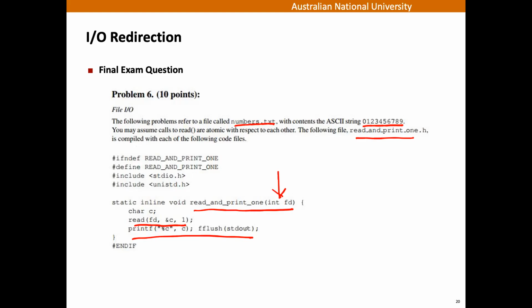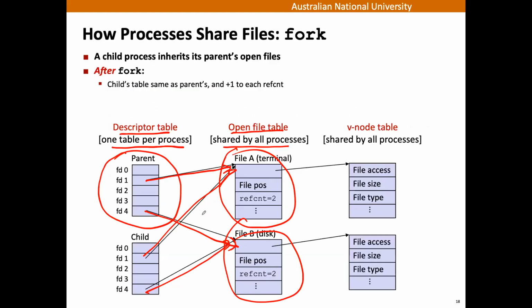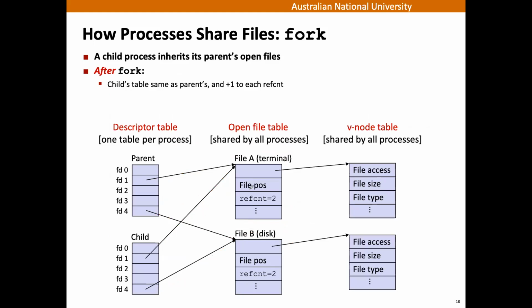So this function reads one character, outputs it on the screen, and adds 1 to the file position. Each of these tables has, for each file and each file descriptor, a file position field that tracks where we are in that file. If you keep reading a file, it will keep incrementing that position.